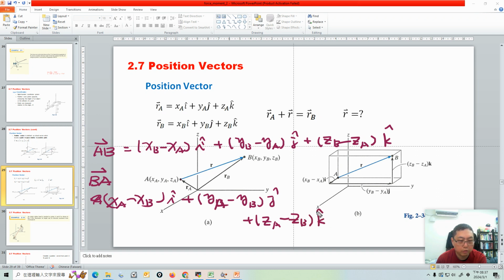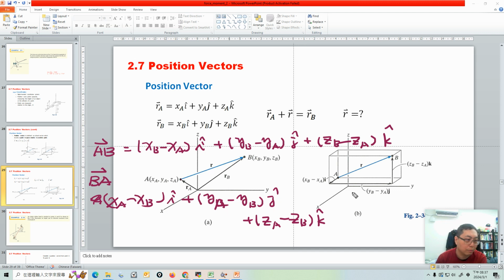Just remember the order. You cannot reverse the order as you want. You must know whether the direction is A to B or B to A. It is very important because they are not equal; they differ by a minus sign.